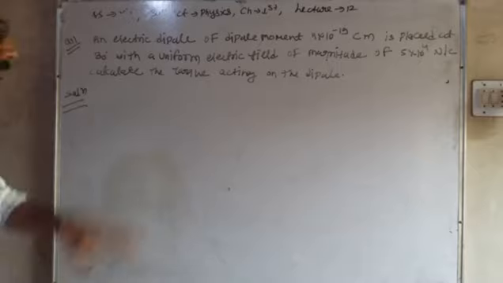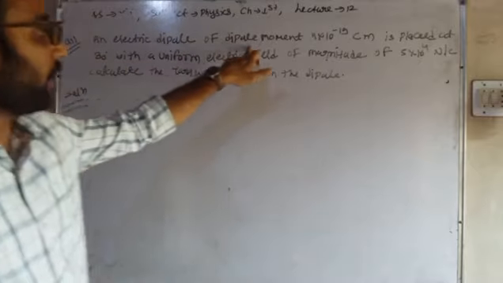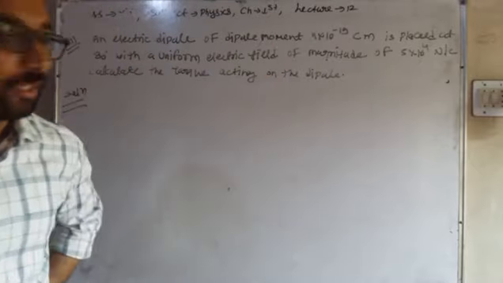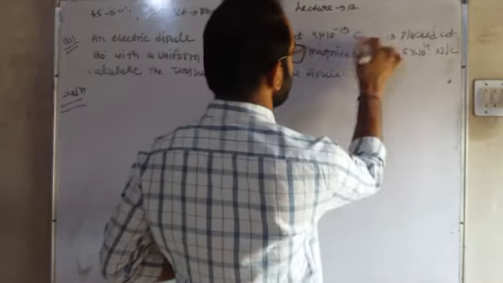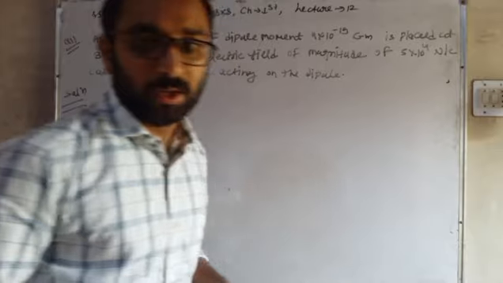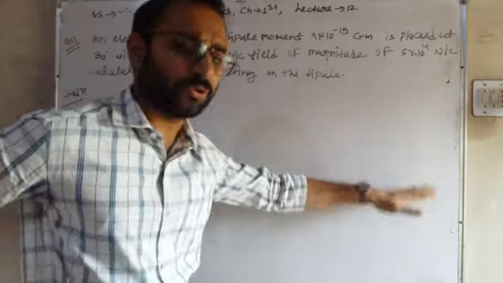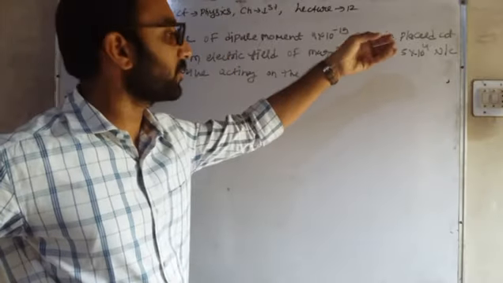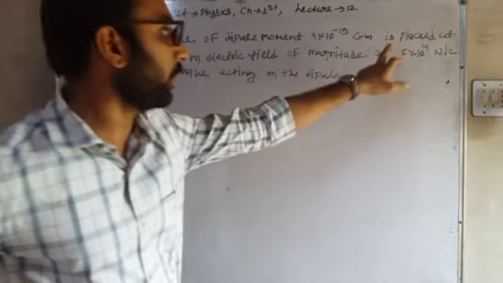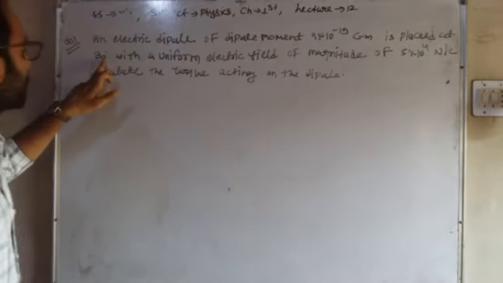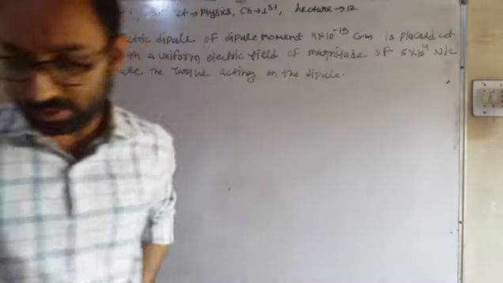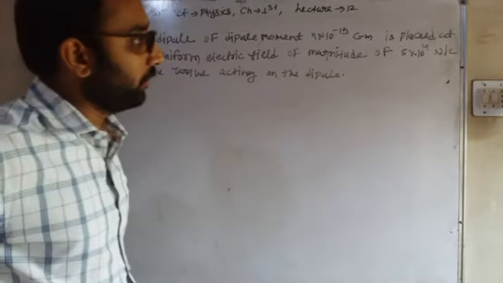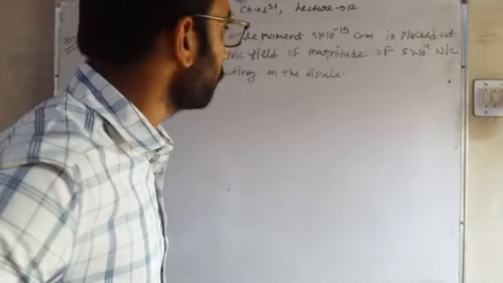Next, question number 11. An electric dipole moment of 4 into 10 to the power minus 19 coulomb meter, represented by this one, is placed at 30 degree with a uniform electric field of magnitude 5 into 10 to the power 4 Newton per coulomb.